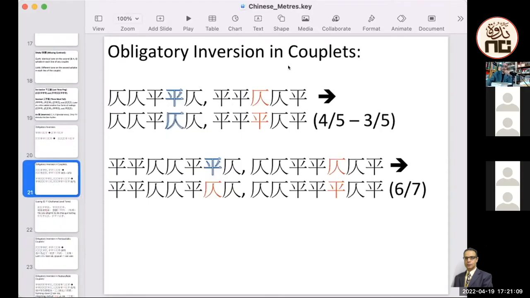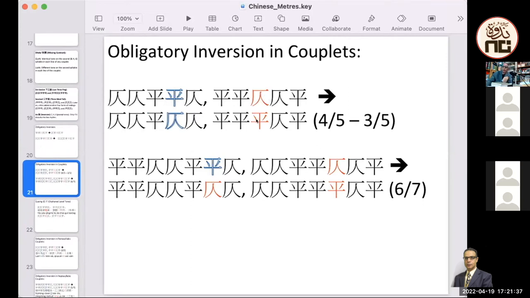Obligatory inversion in couplets. If the line is zi zi ping ping zi, and the ping is changed into zi, then in the second line the other zi must also be changed into ping.